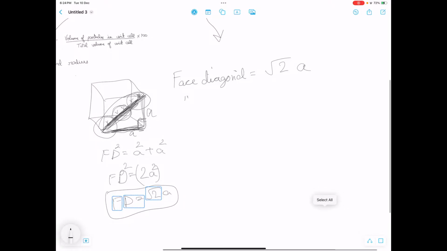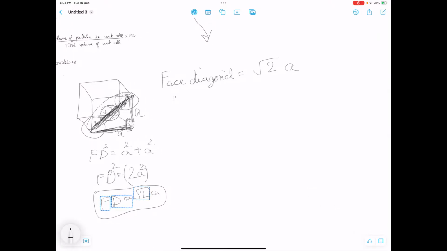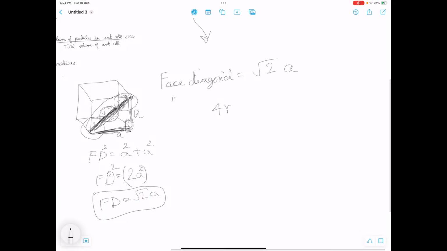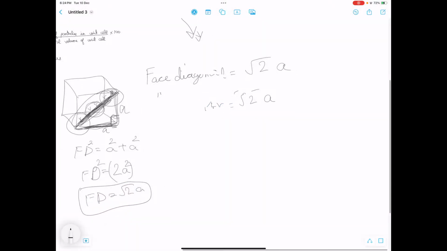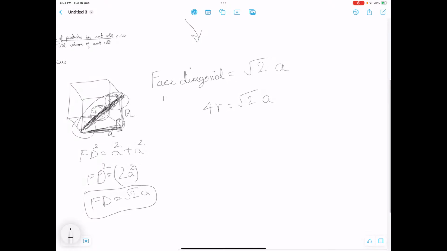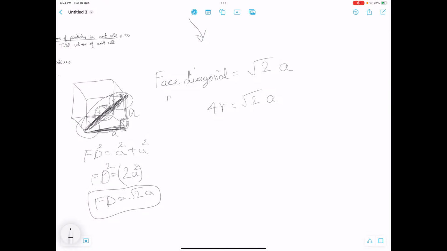We know that the face diagonal is 4r, so we write 4r is equal to root 2 a. This is the actual relation, and we get r as root 2 a by 4.